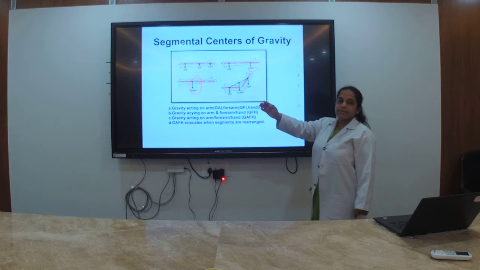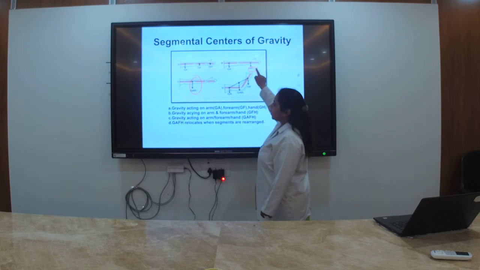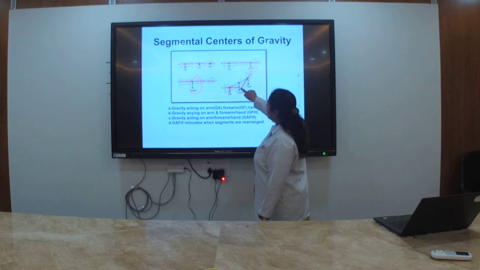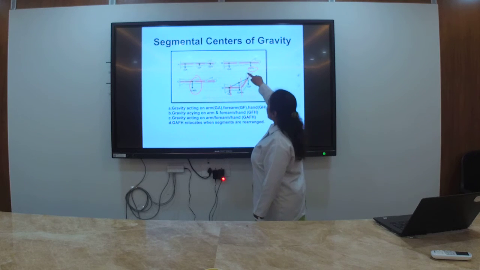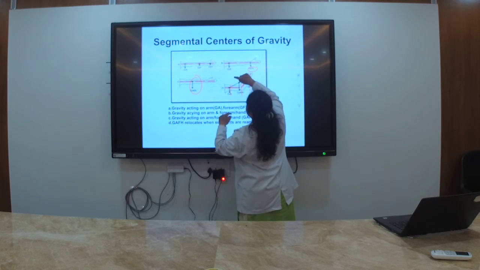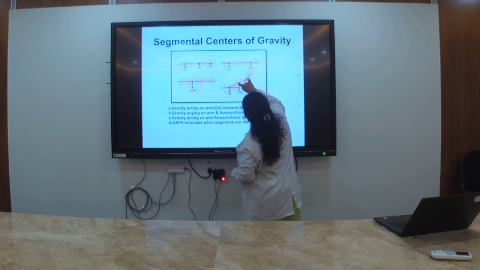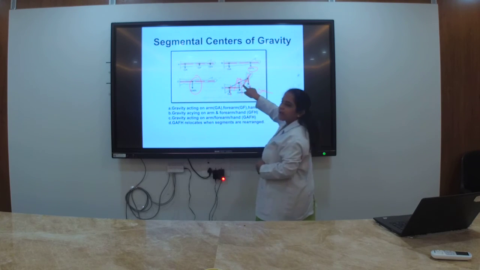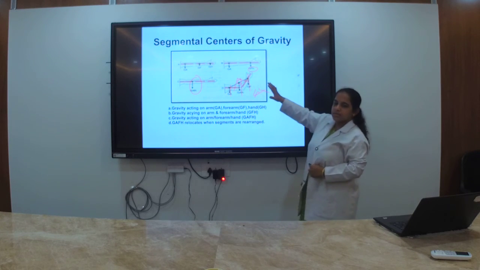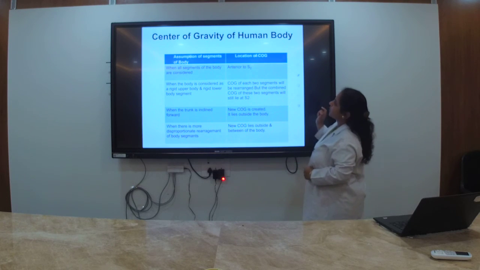So after studying these three conditions, going to some different condition, like when a person is doing elbow flexion, then there is one center of gravity for the arm, one for the forearm and hand. But combined, this center of gravity lies outside the object. So this is the final new center of gravity of the object. So this is the idea about the segmental center of gravity.